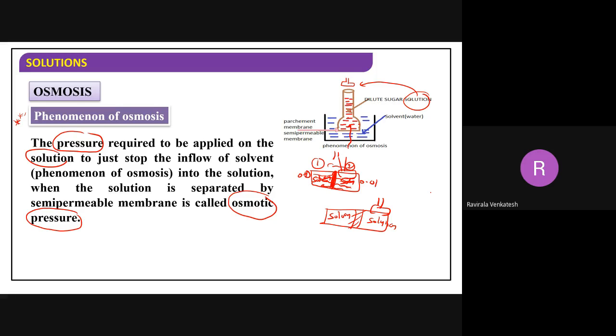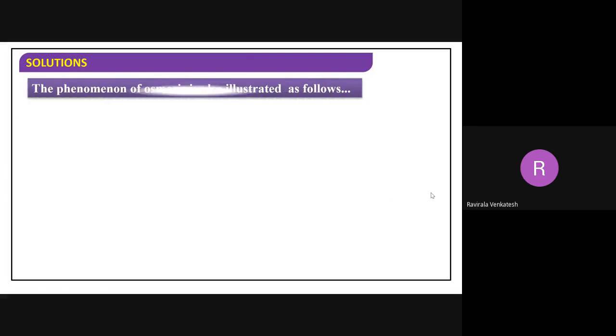So very simple: the pressure which is applied on the solution side in order to prevent osmosis is called osmotic pressure. I think everyone understood this. This definition is important in examinations, a 1 mark question. So what you write is: the pressure which is applied to prevent osmosis is called osmotic pressure.